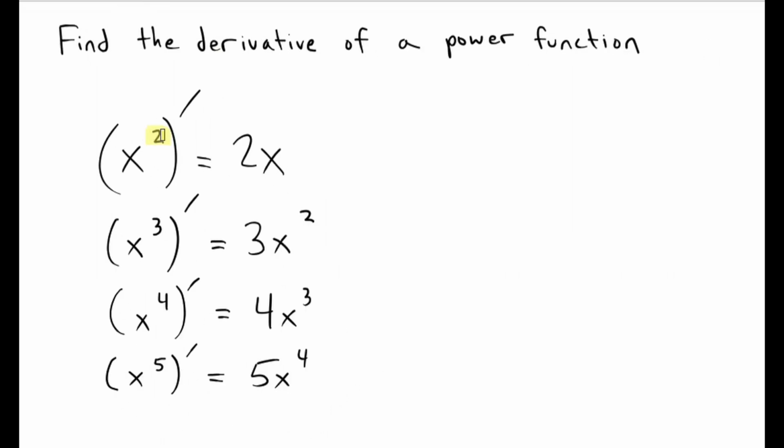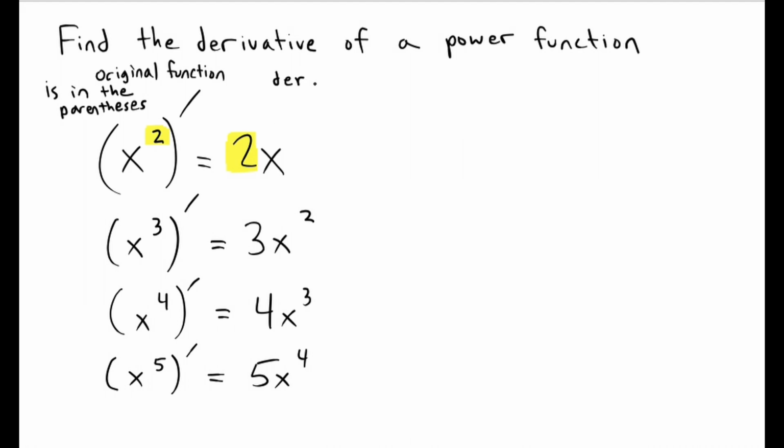Notice that in each of these original functions, we have a power that also appears out front of the derivative. So the original function is in the parentheses. You have this apostrophe on it, which means to take the derivative of the original function.